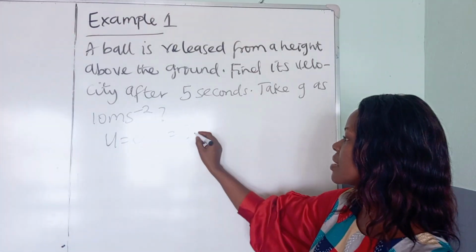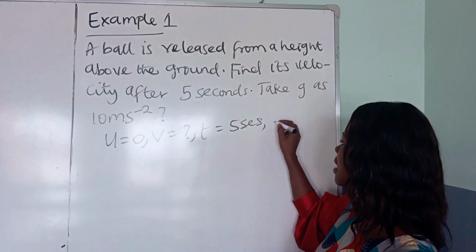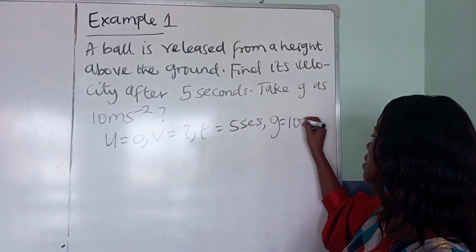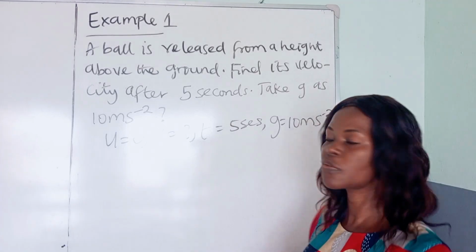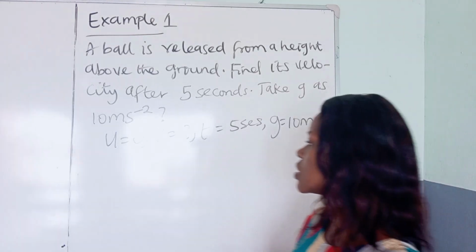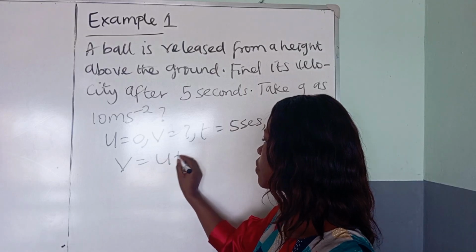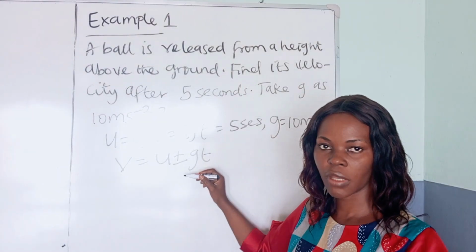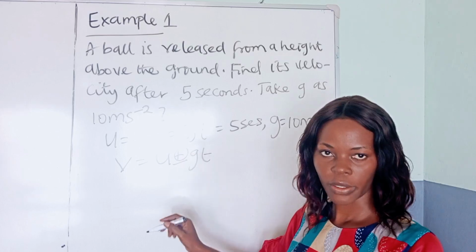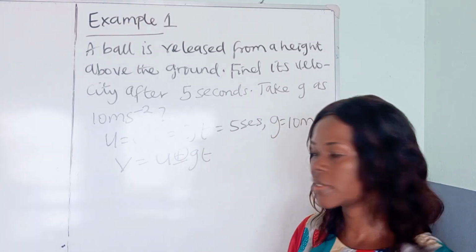Then they gave us time to be 5 seconds, and they gave us g to be 10 meters per second square. The first equation is what we are going to use. This says that v is equal to u plus or minus gt. Now, since the object is falling down, we are going to use plus, because it is moving towards the direction of the force of gravity.